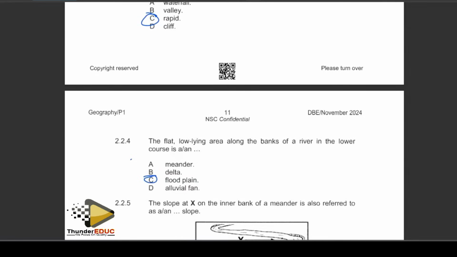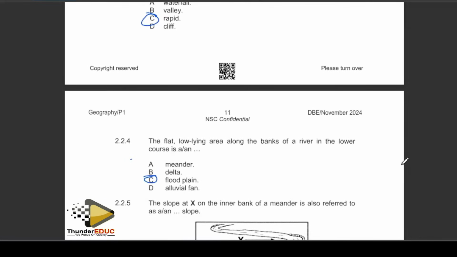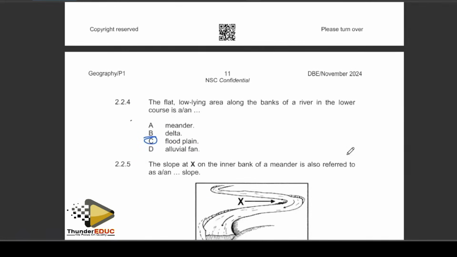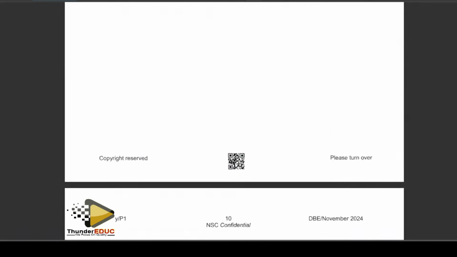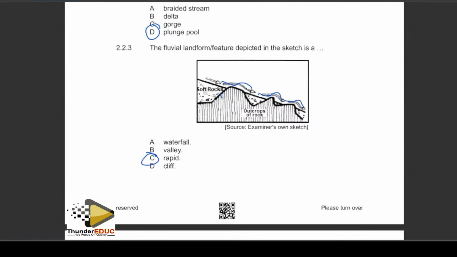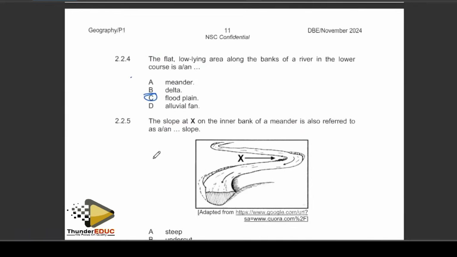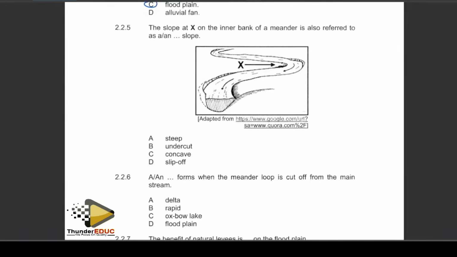Right, we're moving on to question number 2.2.5. It talks about the slope at X on the inner bank of a meander. Right, you see here the slope at X on the inner bank of a meander is also referred to as, I think, the two sides of a meander, we know them, the outer and the inner.